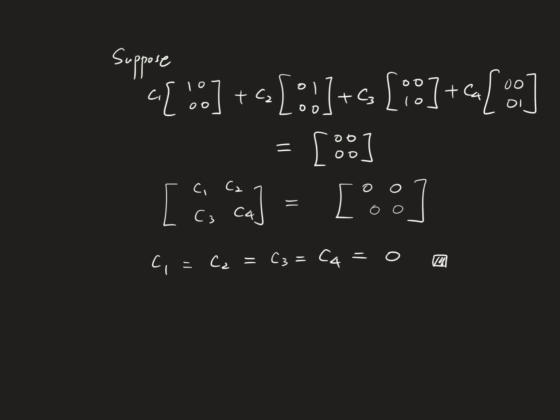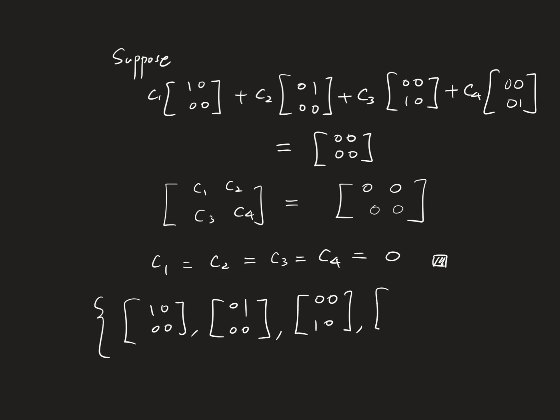So we proved that [1 0; 0 0], [0 1; 0 0], [0 0; 1 0], and [0 0; 0 1] are linearly independent.